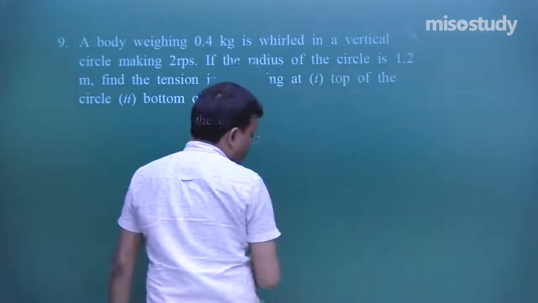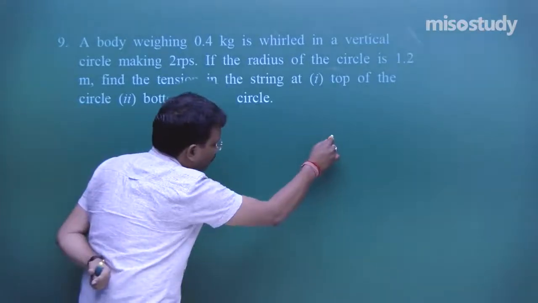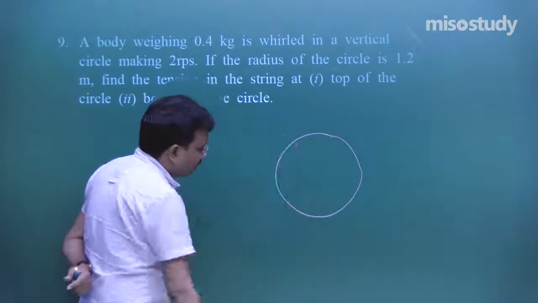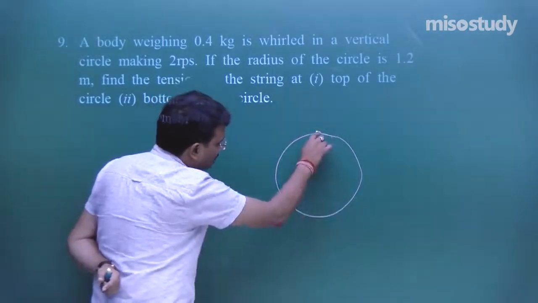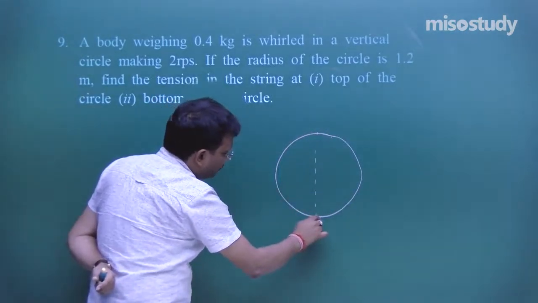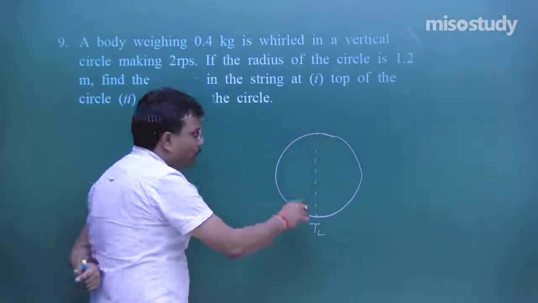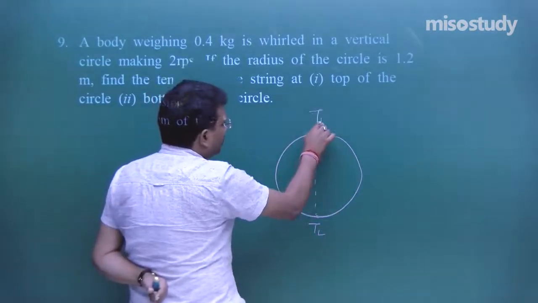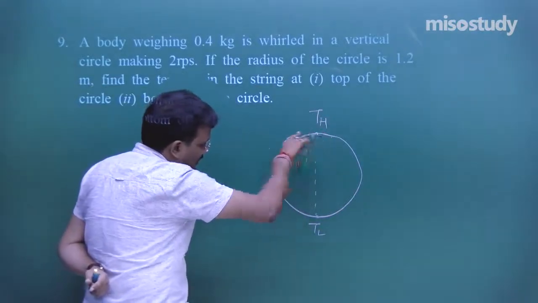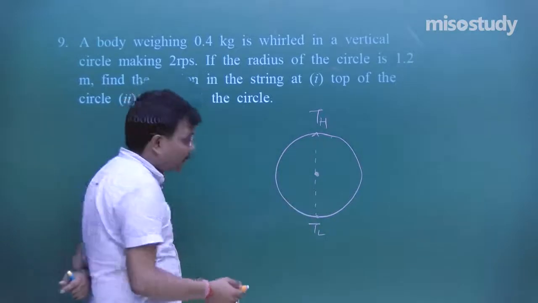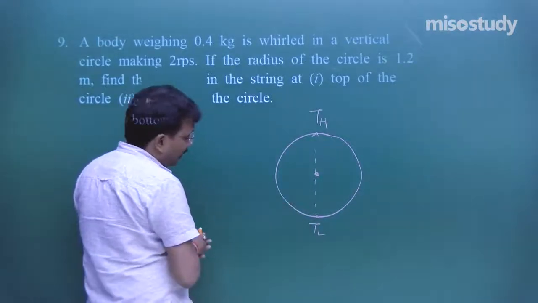Only thing you have to do, you have to draw a free body diagram like this. So this free body diagram has TL, TL means T lower, and TH, TH means T higher. Now other forces, if you imagine, I hope you can write down. So I am directly writing the equations.